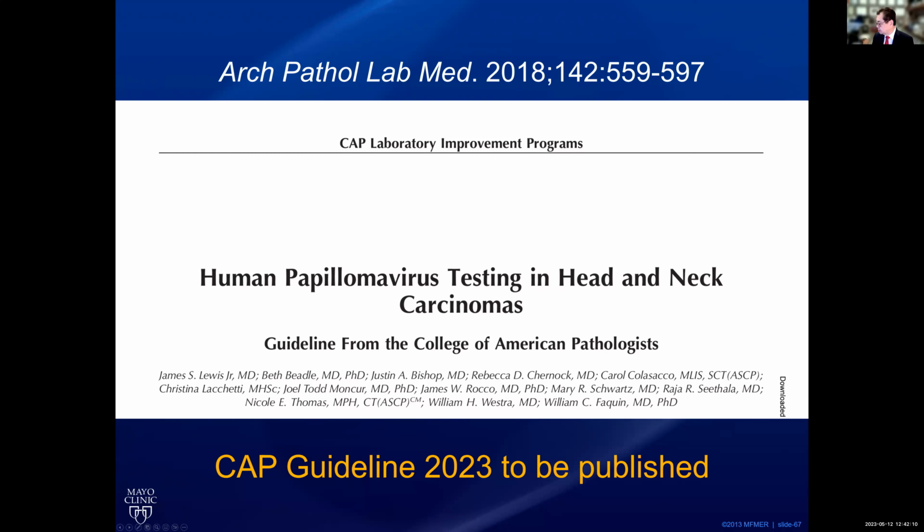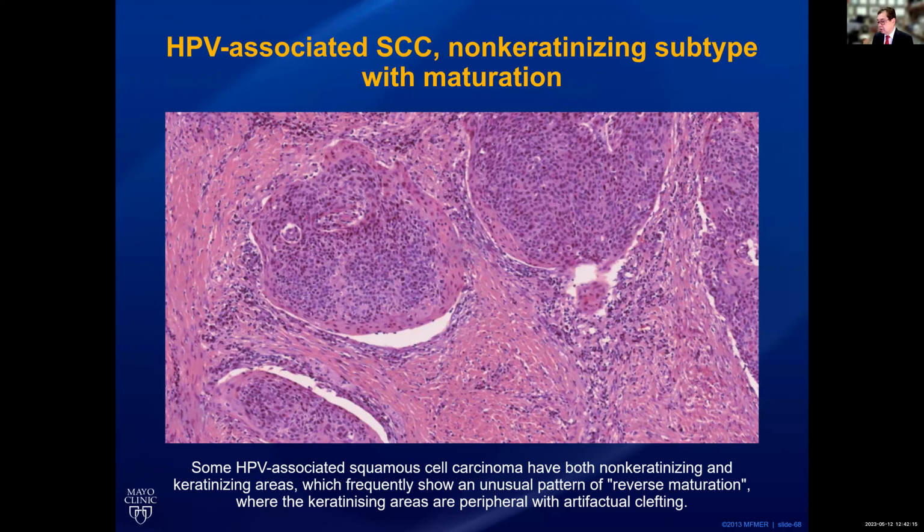And to my knowledge, there are probably 300 pathologists in Canada that are also CAP members. And so we all benefit from the synoptic reports, the guidelines, and the lab quality. And for advocacy, it mainly benefits American pathologists, because Canada has its own political system. Now, here you see some maturation.